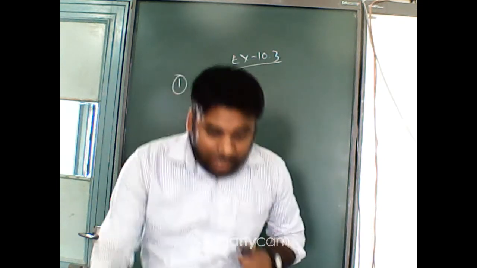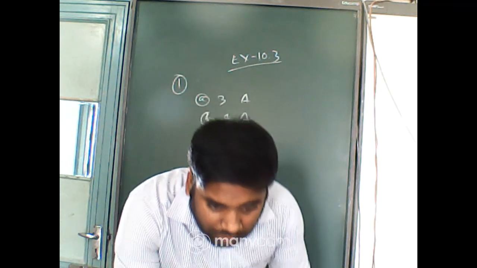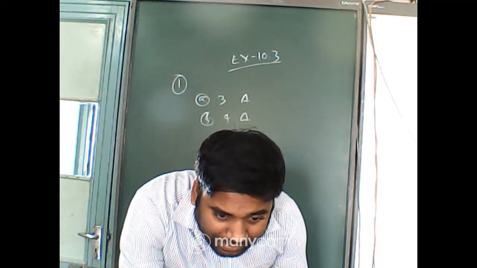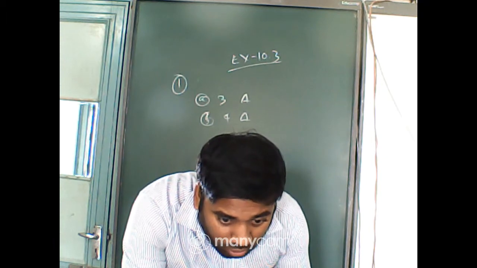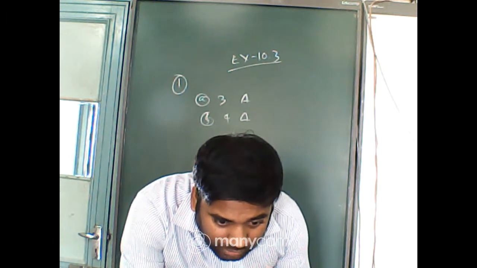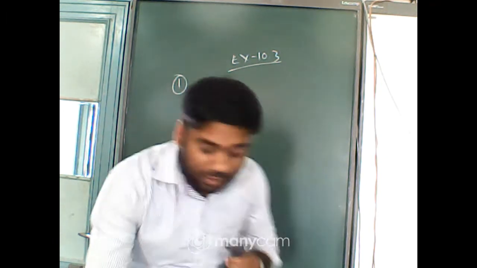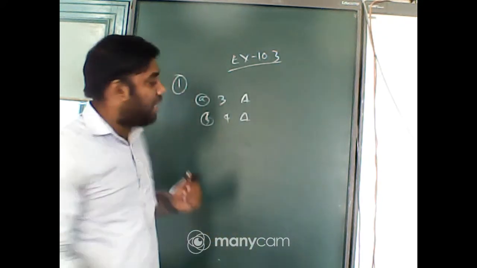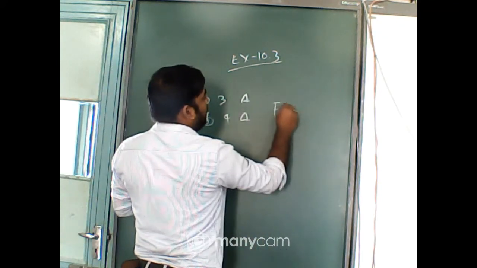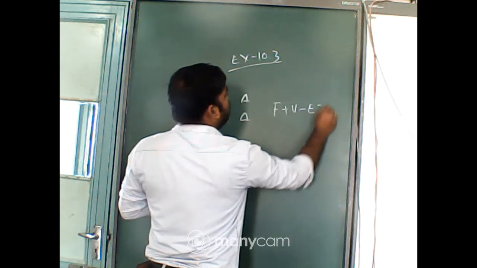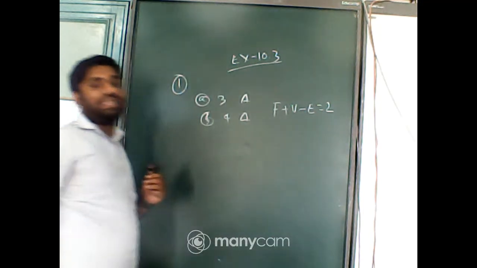Okay, next important sums, that is Euler's formula. The formula statement is F plus V minus E equal to 2.